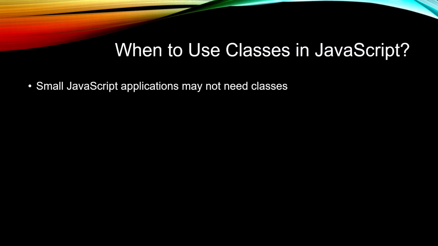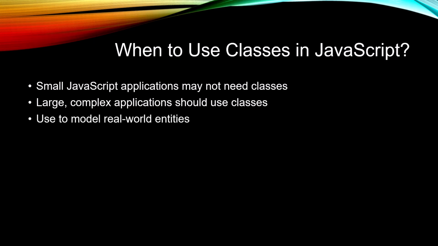Small JavaScript applications may not need classes. Large, complex applications typically use classes. We use it to model real-world entities. We use it to model data storage information like tables, things like that. So lots and lots of reasons to use classes in your applications.